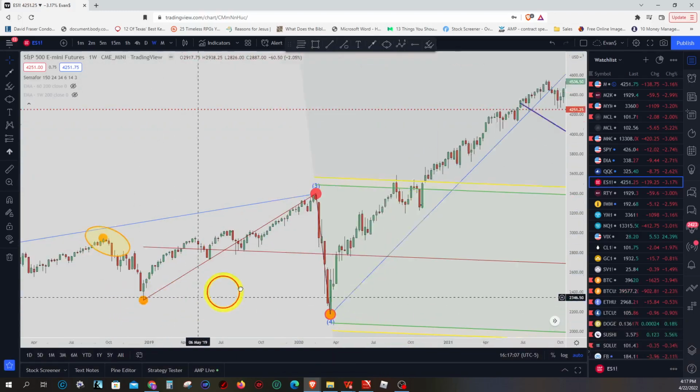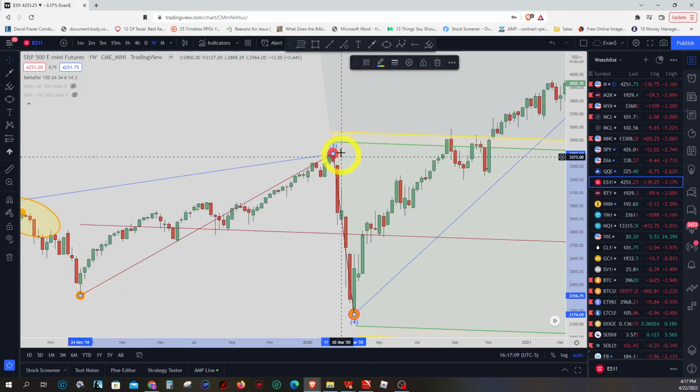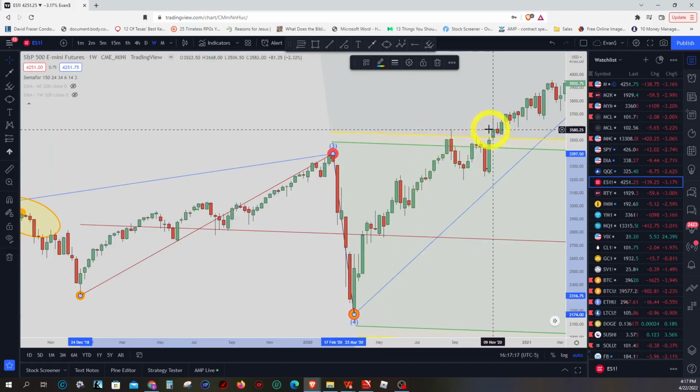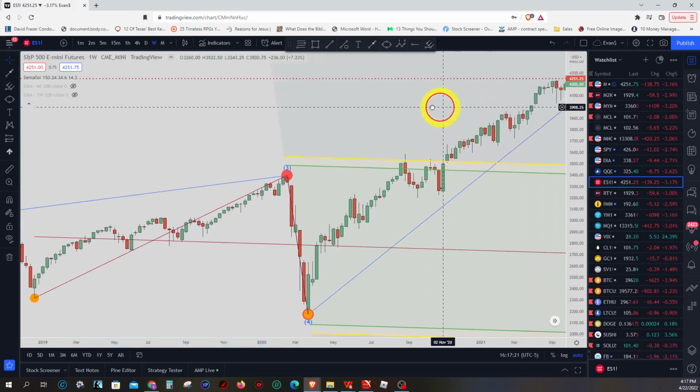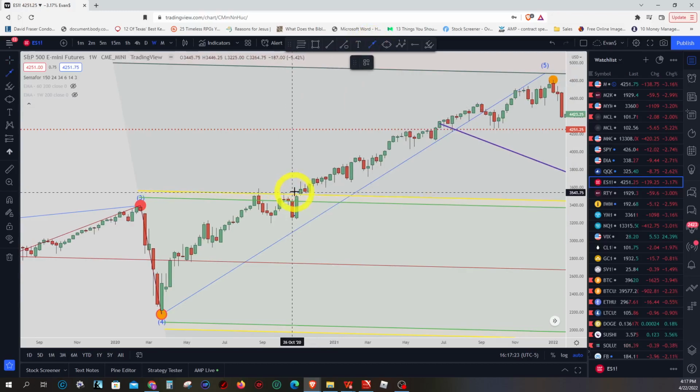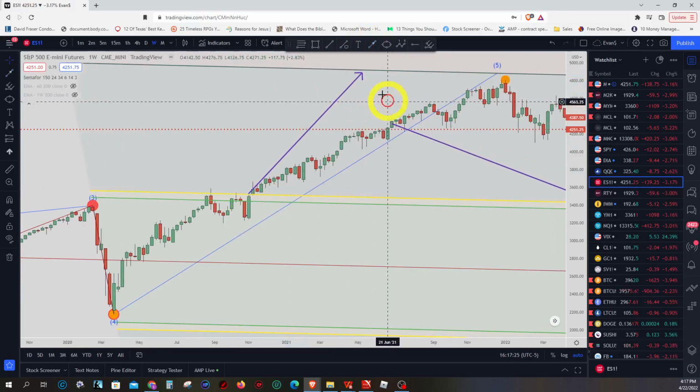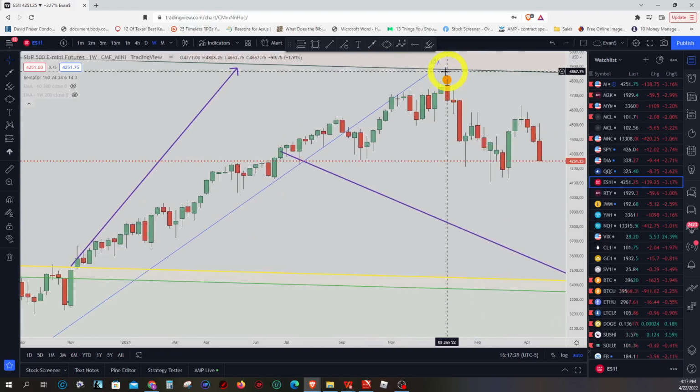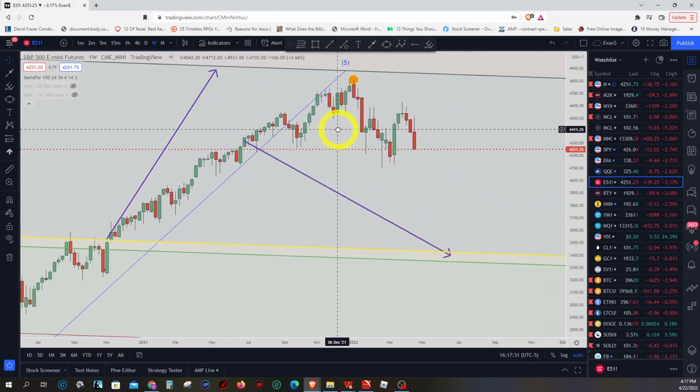There's the low right here, there's a high right there, and then a lower low right there. So when you have a lower low, you're looking for price to close above this yellow line right here. When price closes above it, that signifies that the long setup is in. And there's the X we're looking for across that green line, but price never came up and hit that.